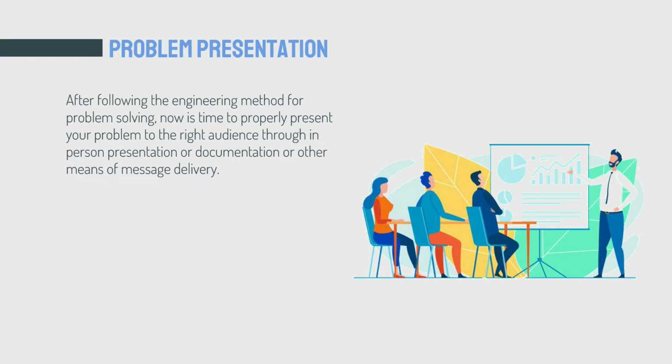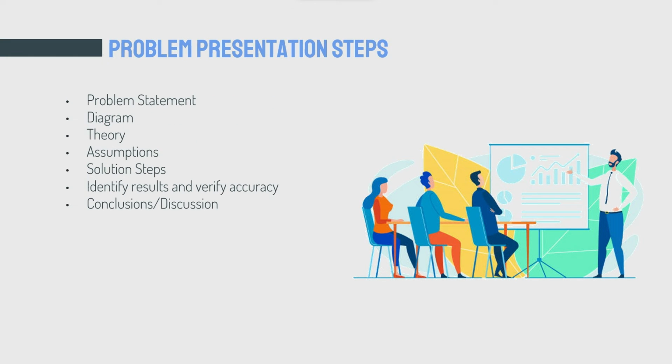Then documentation. In the case of a company or an employee in a company, you need to document your solution and propose, or describe, why you think this is a good solution for the problem. Now, for problem presentation, there are steps that you can follow while you're writing your problem presentation in your Word document. In each form you choose, you'll follow this kind of approach.